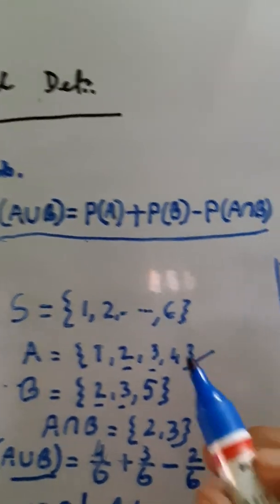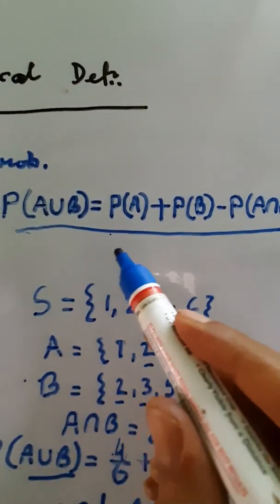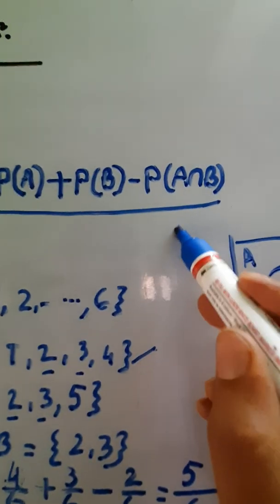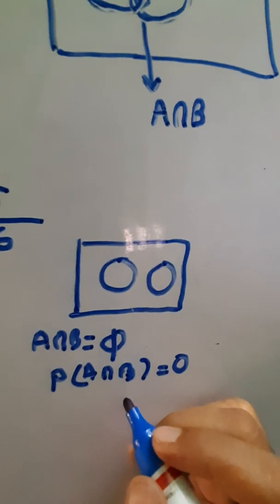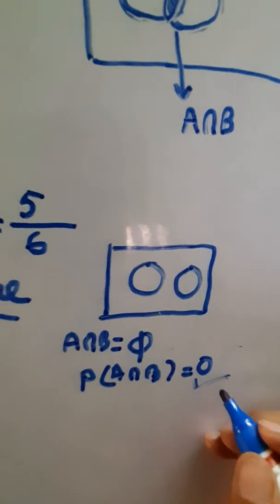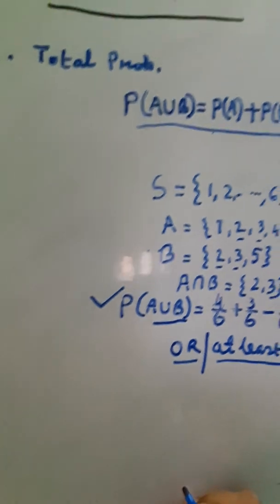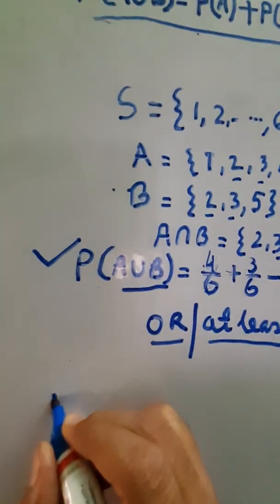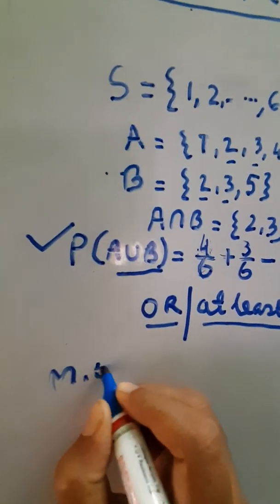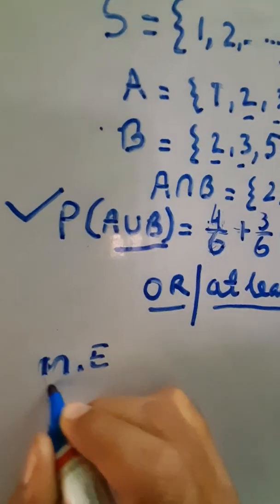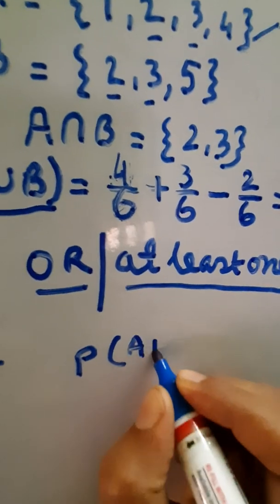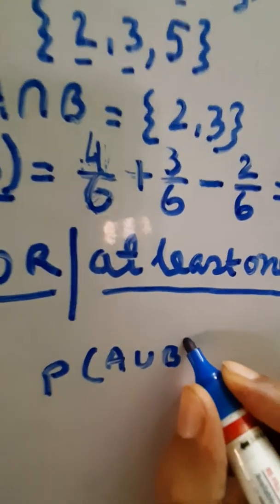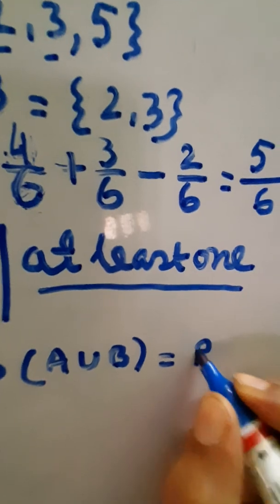So the formula is reduced to P(A union B) is equal to P(A) plus P(B). This part will vanish due to the mutual exclusiveness of A and B. So for mutually exclusive events A and B, the probability of A union B is equal to P(A) plus P(B).